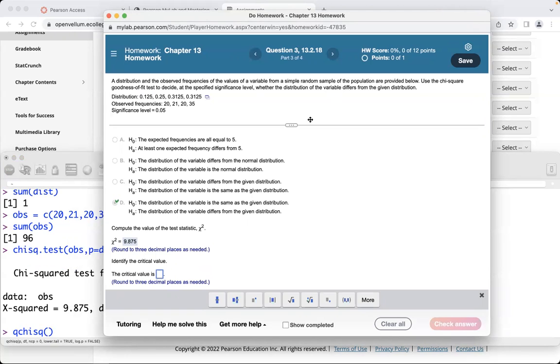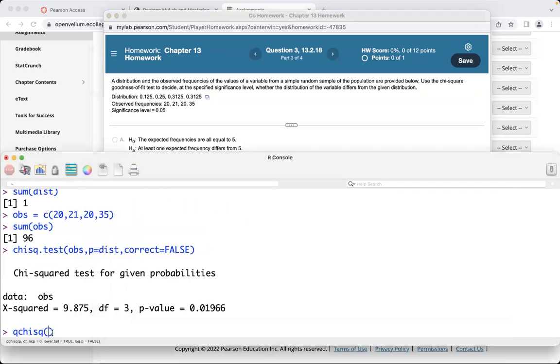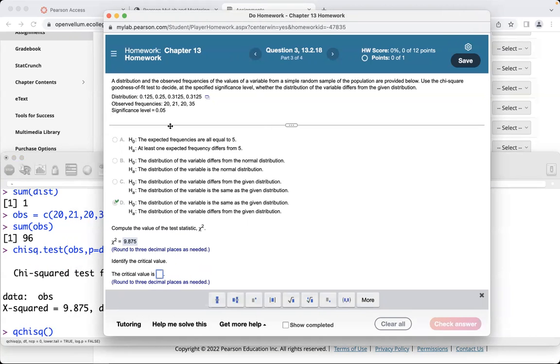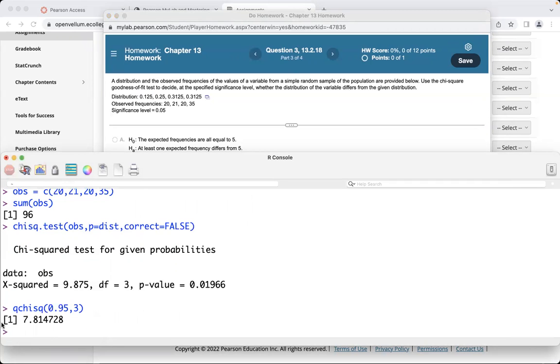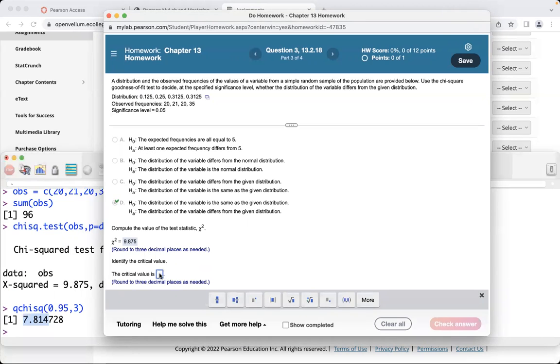We're looking at a 0.05 significance, so that means that we want 0.95 to appear there. And we have 3 degrees of freedom. So our critical value is going to be 7.815. I had to think about that for a second.